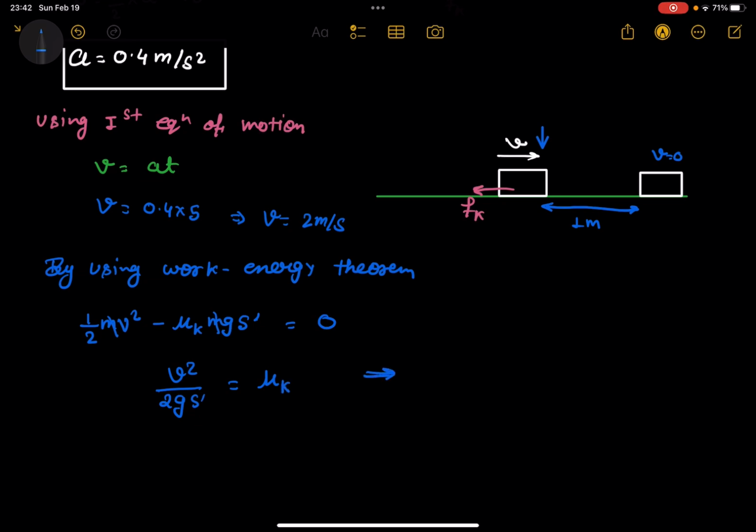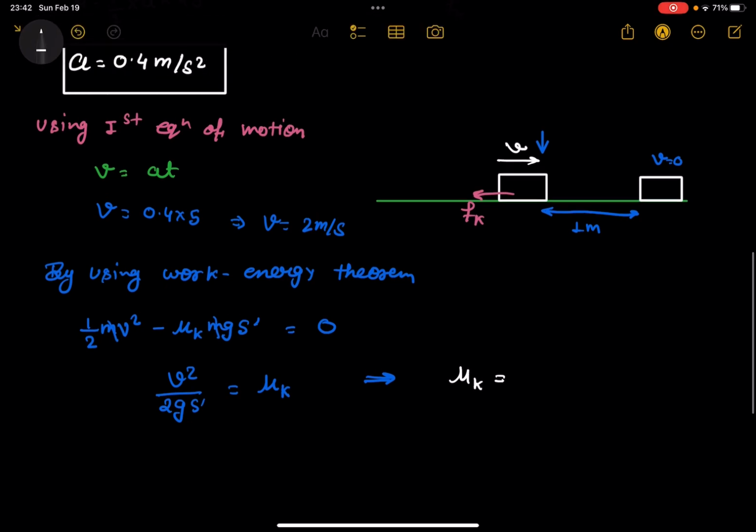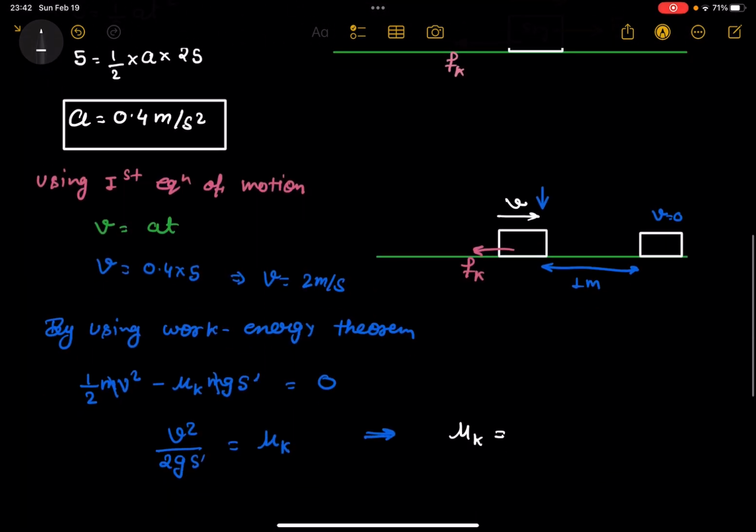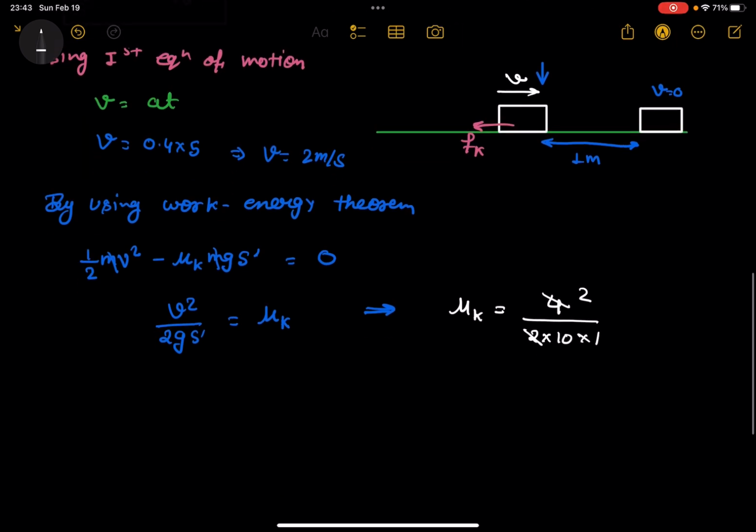So the coefficient of friction we can very easily calculate. mu k is equal to v square, which is 4, divided by 2, g is 10 and s is 1. So that is 2 and the coefficient of friction is 0.2.